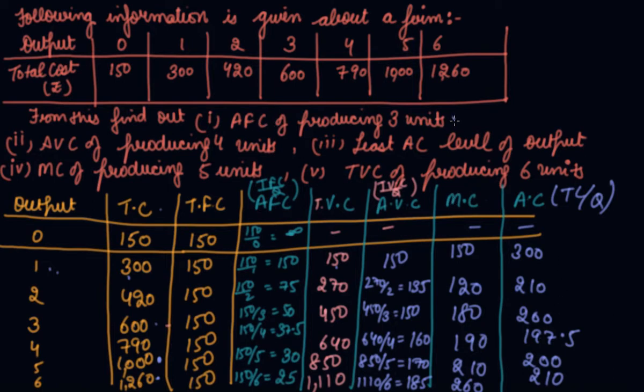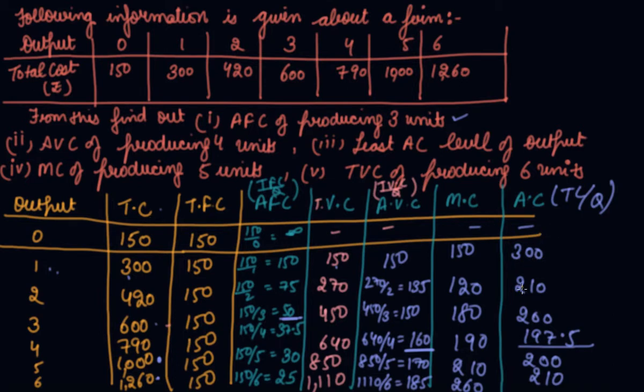Your average fixed cost at 3 units is 50, right? AVC of producing 4 units: your average variable cost of producing 4 units is 160. Then the least average cost level of output. Where is the least cost?